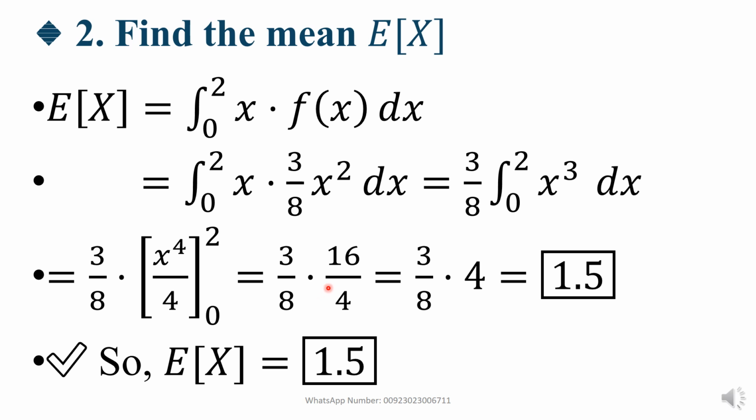If any numbers are cancelled, then you can cancel, otherwise you can write the same. 4 ones are 4, 4 fours are 16. It means 3 upon 8 you write here, multiplied by 4. After simplification we get 1.5. So E of x equal to 1.5.